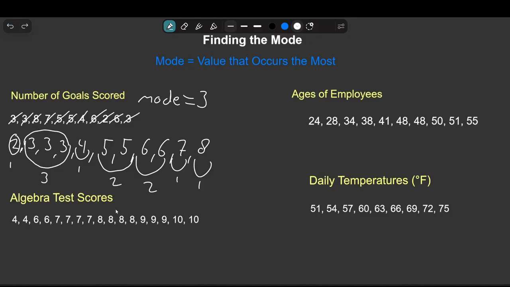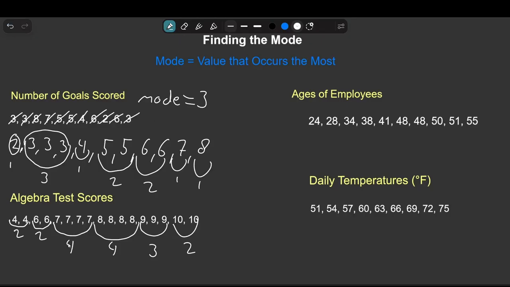For this one, we don't have to order them because they are already ordered from least to greatest. So let's do this again. We have 2 4's, we have 2 6's, we have 4 7's, same for the 8, we have 4, we have 3 9's, and 2 10's. So, as you can see, we are tied for 7 and 8.